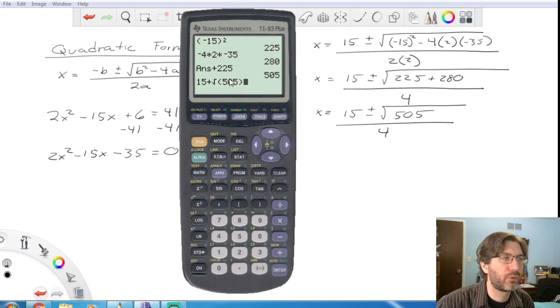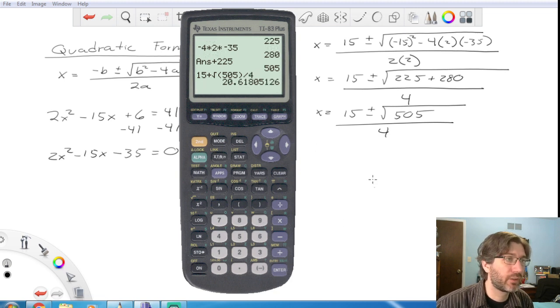Don't forget to close your parenthesis because it is grouped together there. I'm going to divide that by 4, and I'm going to get x equals 20.62. And then I want the negative version of it, so I'm going to change this to a minus sign and solve that, and I'm going to get x equals 9.38.